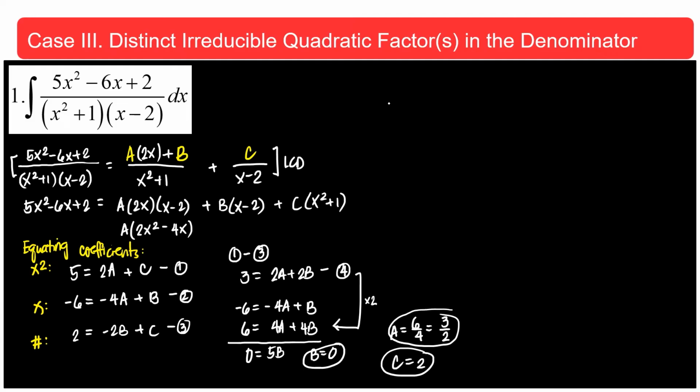Okay? So when we rewrite everything, we can split them as a is 3/2 multiplied by 2x all over x squared plus 1. And then my b is 0 over x squared plus 1. My letter c is 2, 2 over x minus 2.